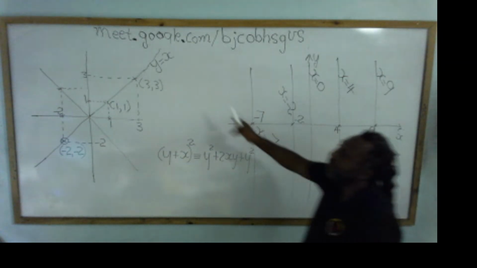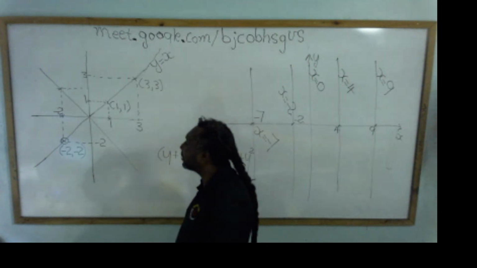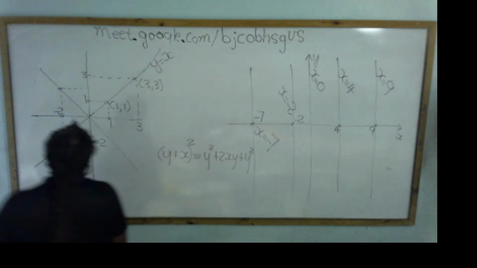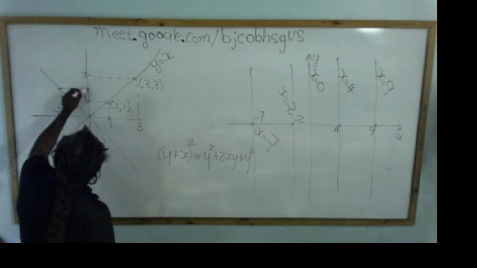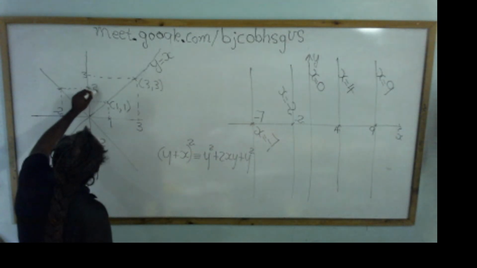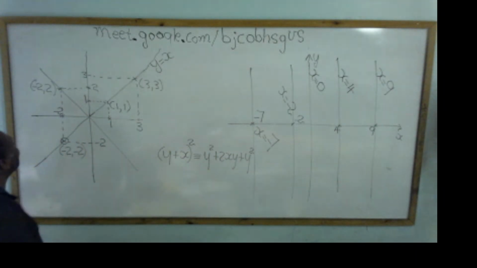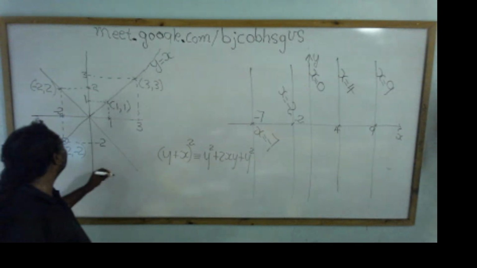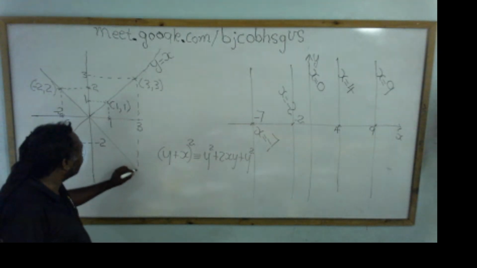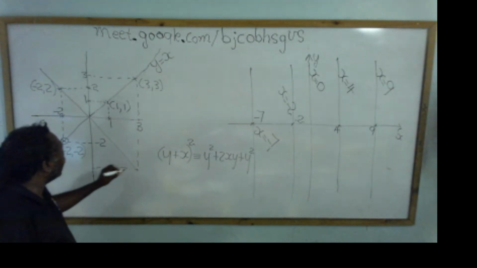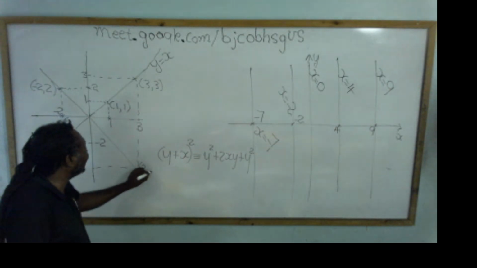So this line, y is equal to x. If you take a look at the other line, it passes through negative 2, 2. And at the other extreme, it passes through 3, negative 3.